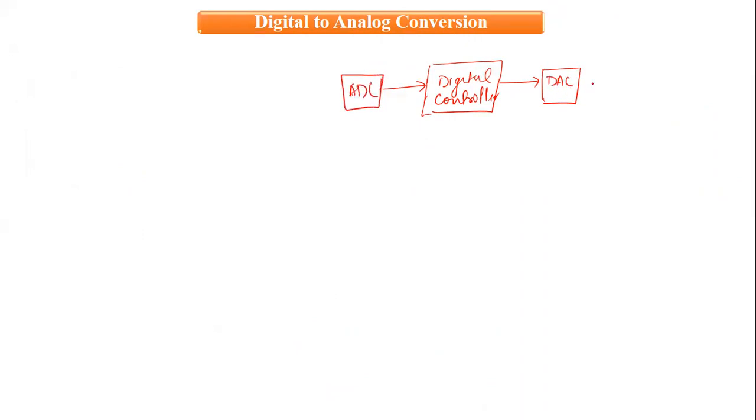Now let us understand digital to analog conversion. If you see the block diagram representation, we have a digital controller here. This digital controller could be a microcontroller, it could be a computer. Okay, so this has to be interfaced with the real world using two devices which we call the A to D converter and the D to A converter.